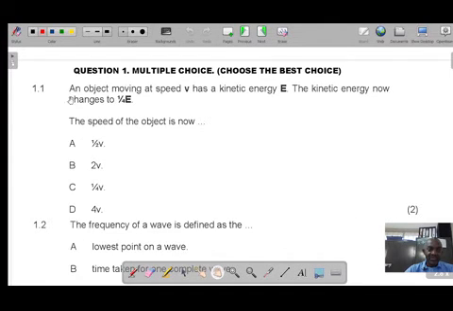Now, question 1 is saying that an object moving at a speed v has a kinetic energy E. The kinetic energy now changes to a quarter E. The speed of the object is now, so note something, they're saying that the object has got kinetic energy E, and now changes to a quarter E. Now they say the speed of the object is now.